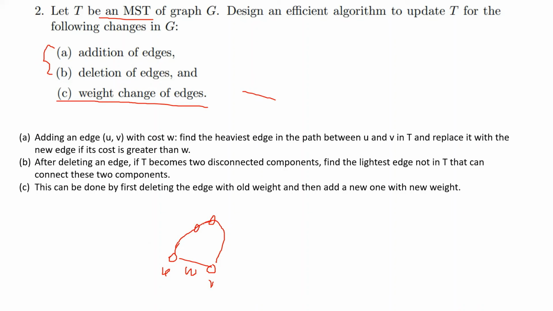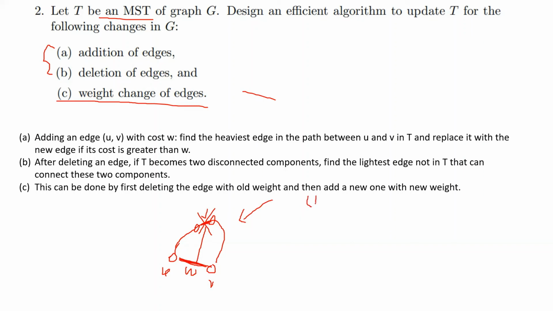For example, it's this one, and you need to compare this weight to W, and we keep the smaller one. If W is smaller than the original edge, then we will delete this one and add W. Otherwise, we will just keep the original one. And in this way, we successfully maintain the MST.